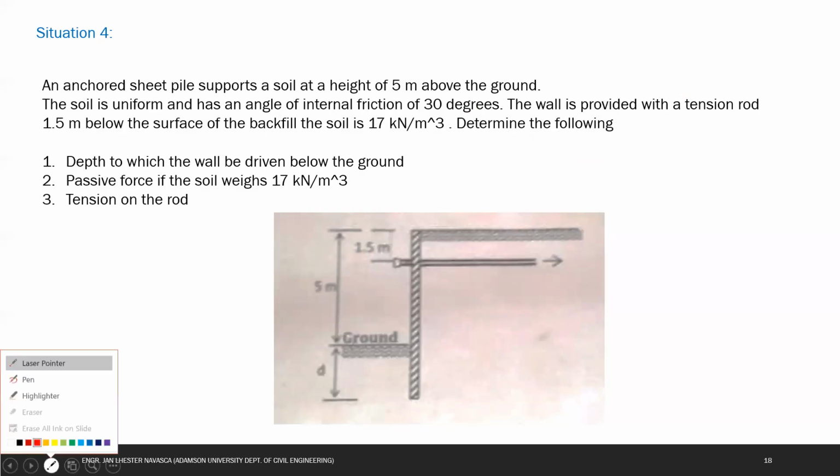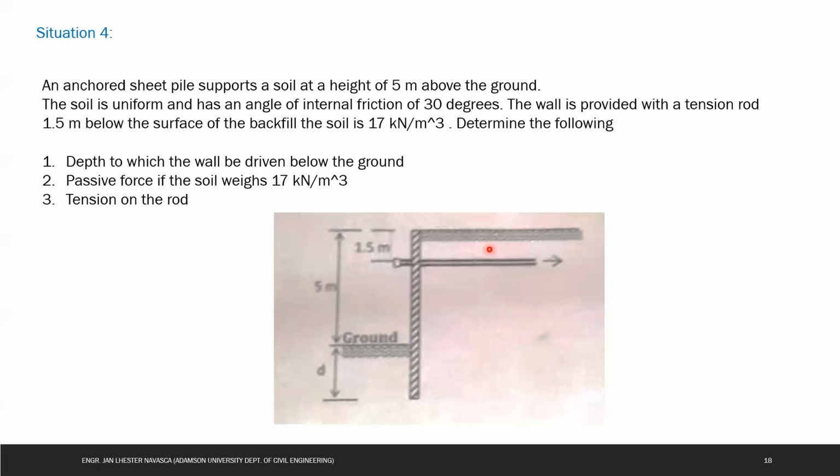Okay, meron kang soil nail to support the lateral, to support the anchored sheet pile. And you have this internal friction to be 30 degrees, uniform dito, uniform dito. And also soil, which is 17 kilonewton per cubic meter.